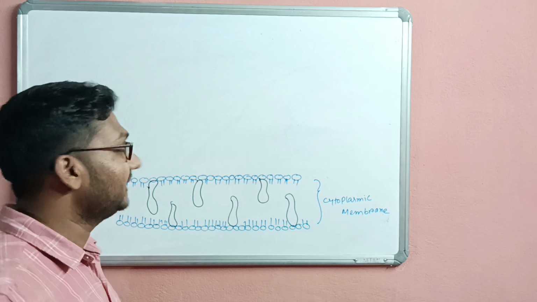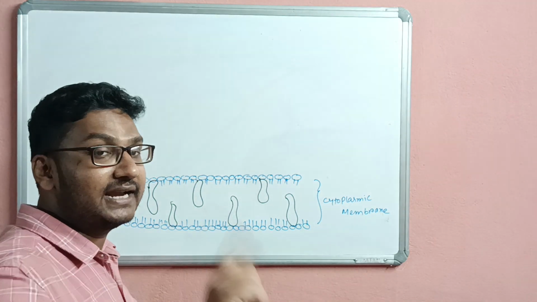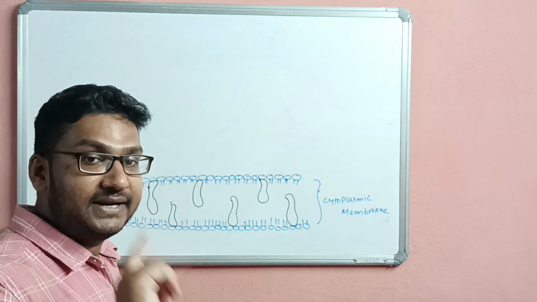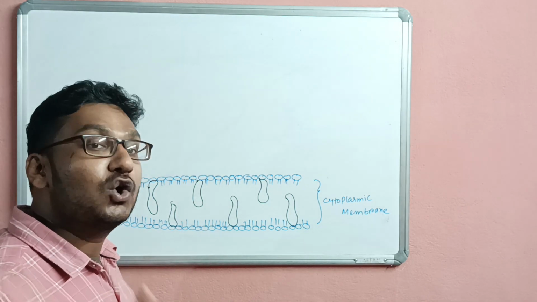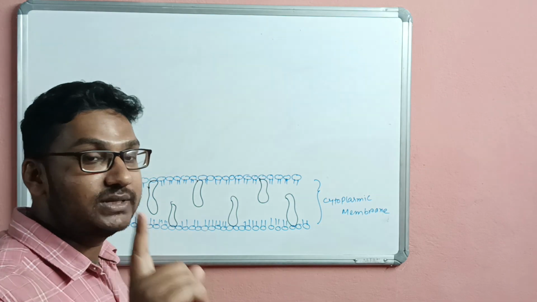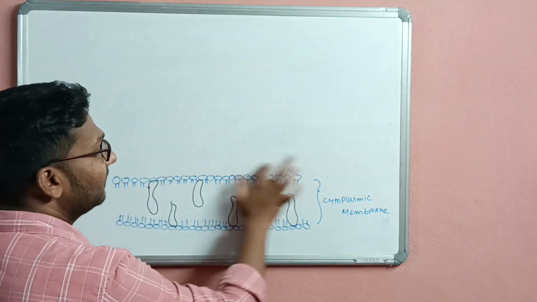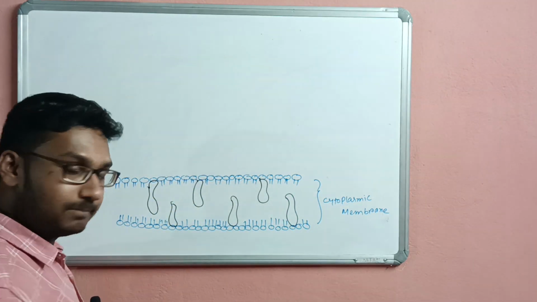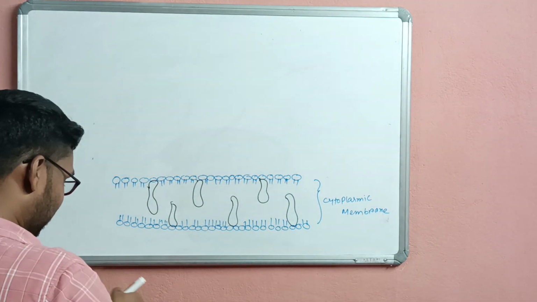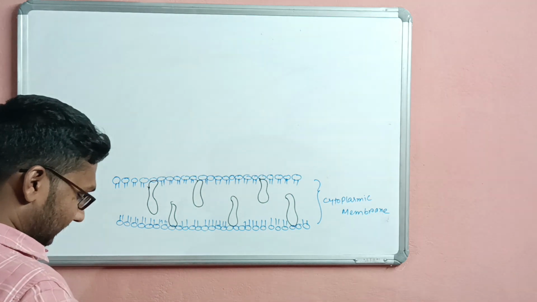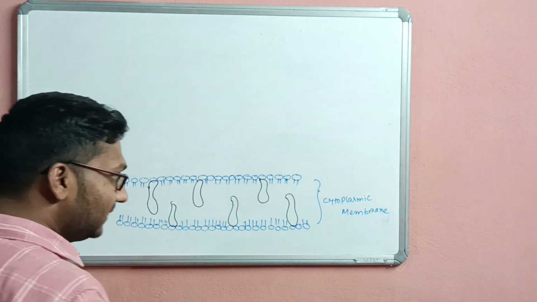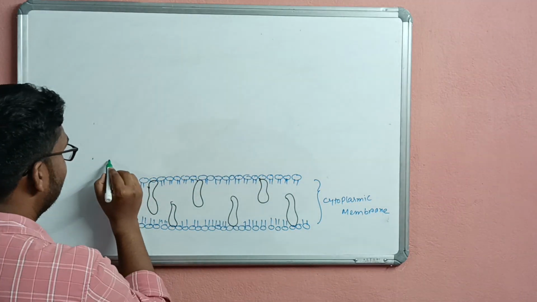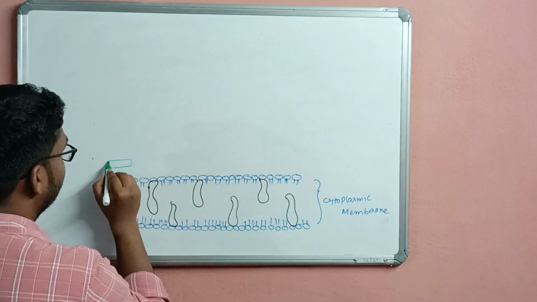It should be remembered that in the gram-negative bacterial cell wall, the peptidoglycan layer is not closely attached to the outer portion of the plasma membrane or cytoplasmic membrane.